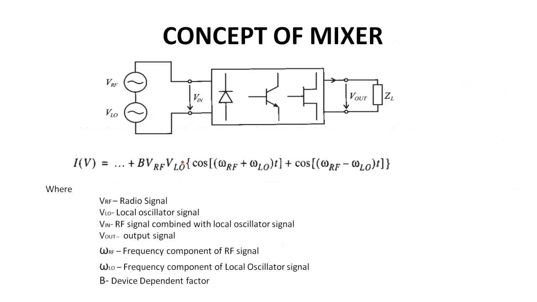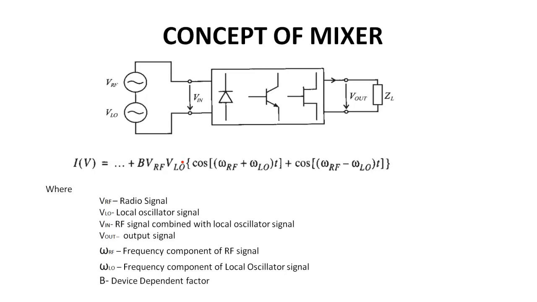Let us see the concept of mixer. A mixer is capable of taking two frequencies at its input and producing multiple frequency components at the output. A linear system cannot achieve this kind of task, so we need to select a non-linear device such as diode, BJT or FET that can generate multiple harmonics.